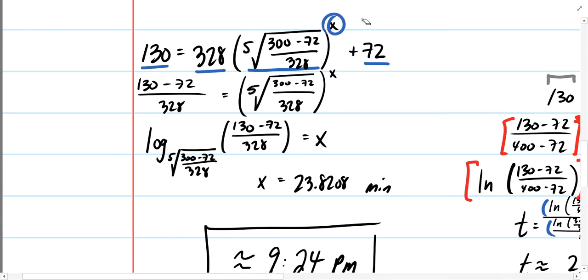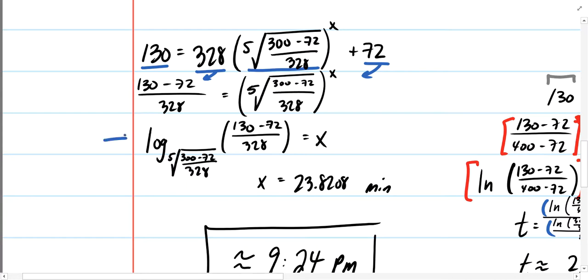This time around, since x is sitting in the exponent, we will use a logarithm in order to isolate x. But the first thing we must do, as we've done in the past, is subtract 72 to move it to the left side, divide by 328 to move that to the left side, and now we've got an exponential with a base and an exponent only, which we can rewrite as a logarithm.